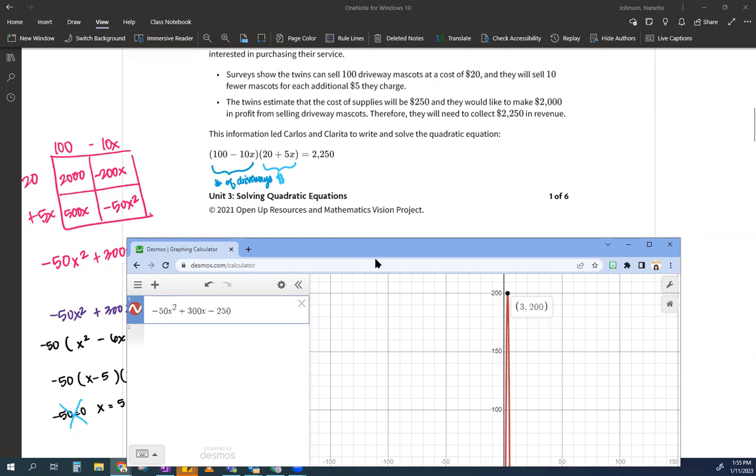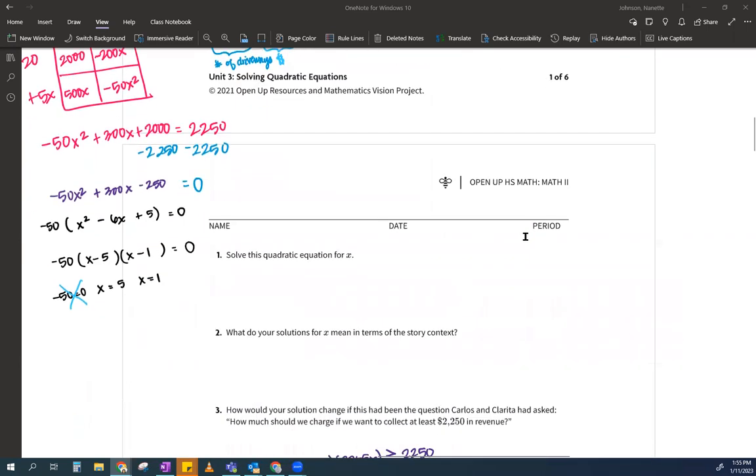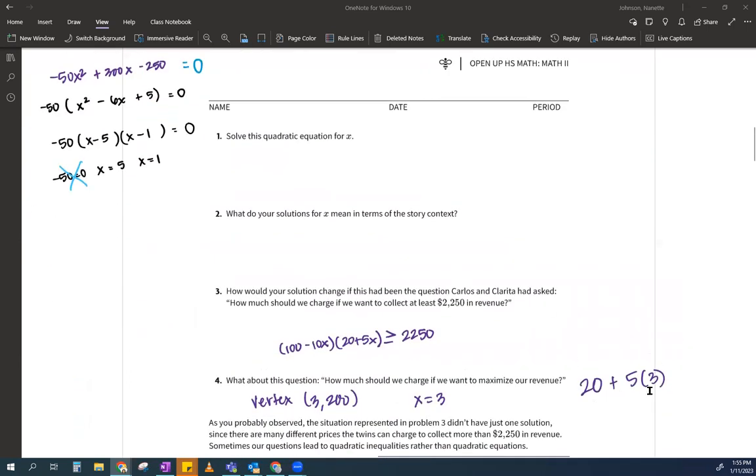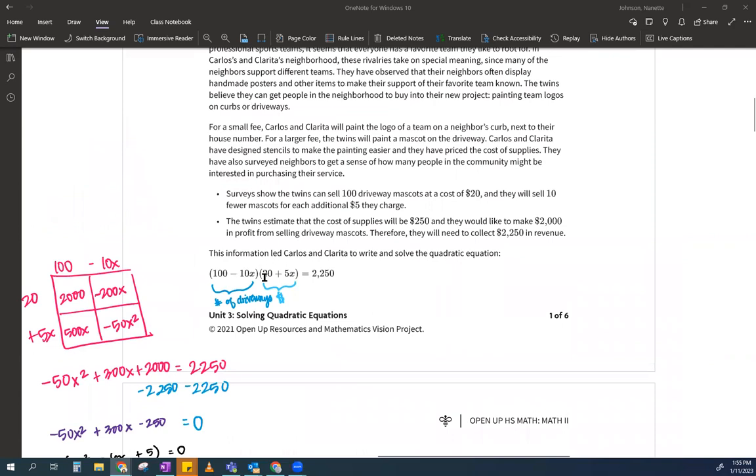Okay. So I'm going to move this for a second. So I wrote it down here, 20 plus 5 times 3. That's this guy, remember? Because this guy here is how much we are charging. So you should charge $35. Yeah, you should charge $35. And if I charge $35, how many people are going to buy it?